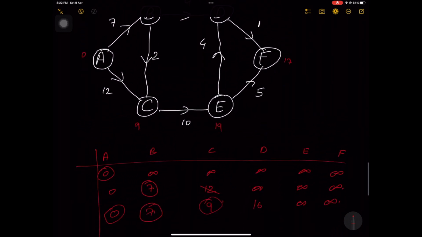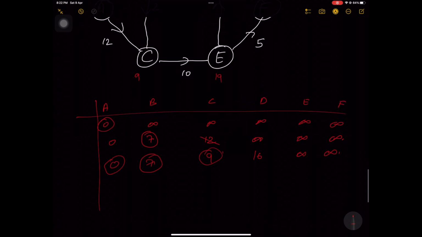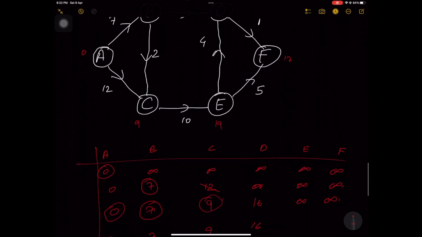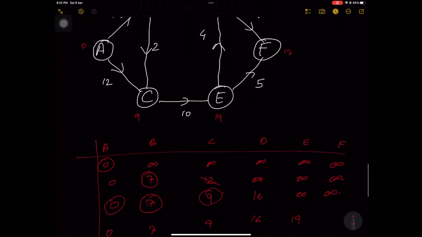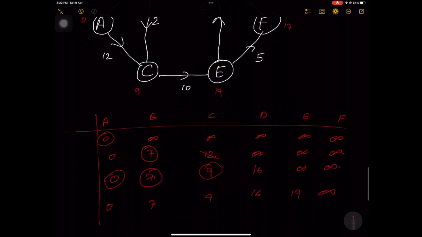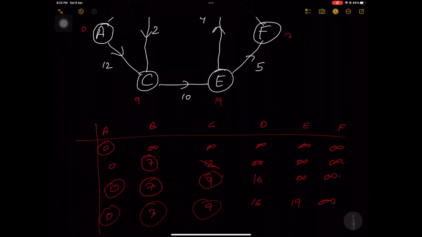So the next node we're choosing is C, which is 9. So we did 0, 7, 9, 16. C to E, we only have one option, so this is 19, and this will still remain infinity. We haven't visited these two nodes right now, D and E. The lower value amongst these two is 16, so we'll choose 16.